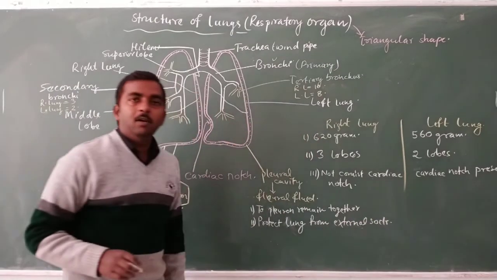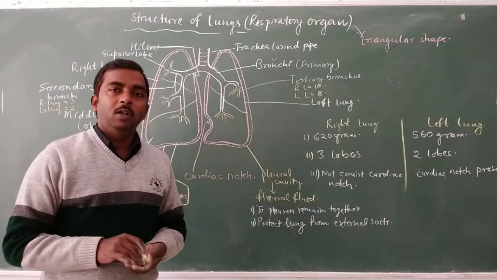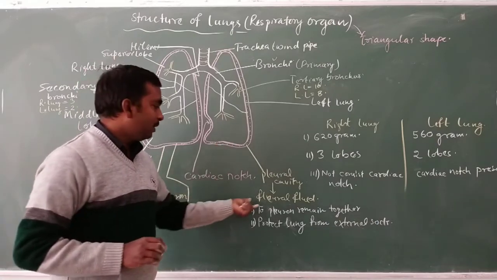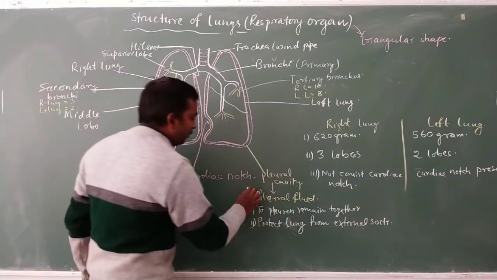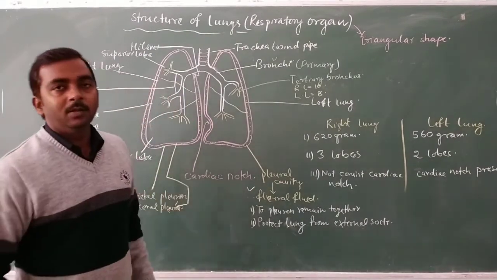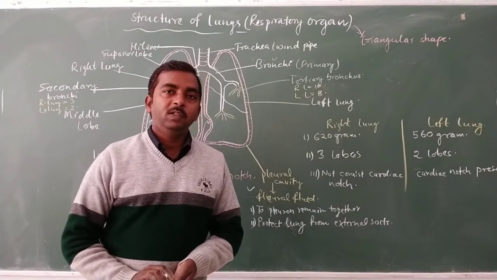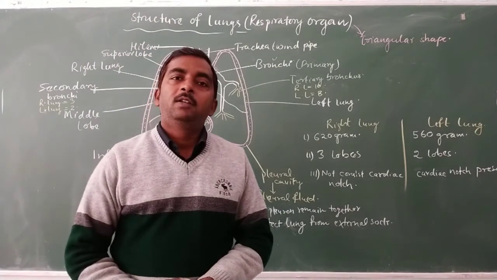The external shock is absorbed by the pleural fluid, so our lung remains protected inside this protective membrane as well as the fluid. The pleura and the pleural fluid together make the protective covering of the lung, and they protect the lungs from external shock and injury.